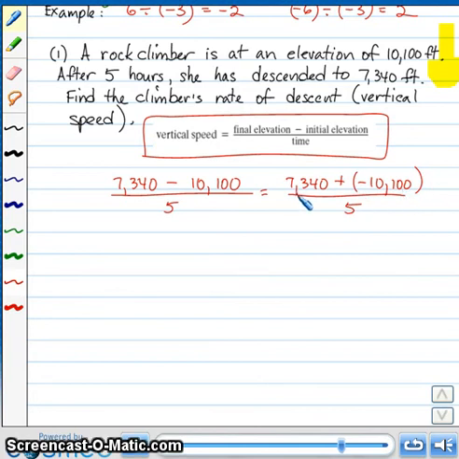Now remember the rules. When I have numbers that are being added that have opposite signs, I take the difference of their absolute values. So I'm going to take the absolute value of negative 10,100, which is 10,100, and the absolute value of 7,340, that, of course, is 7,340.